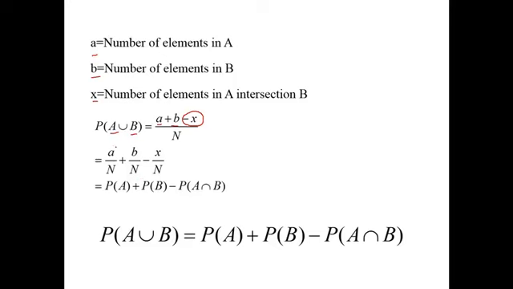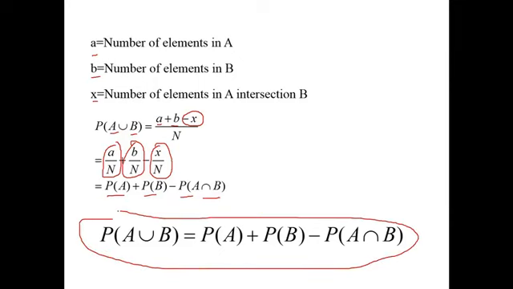I can then do some algebra to this, break this fraction out into A over n plus B over n minus little x over n, and calculate the probabilities and get this pretty little formula down at the bottom. The probability of A union B is equal to the probability of A plus the probability of B minus the probability of A intersection B.